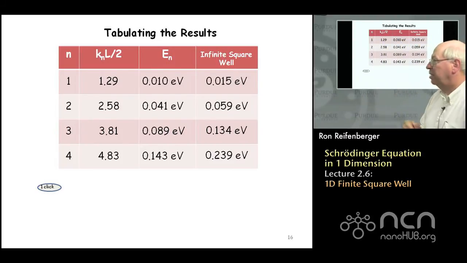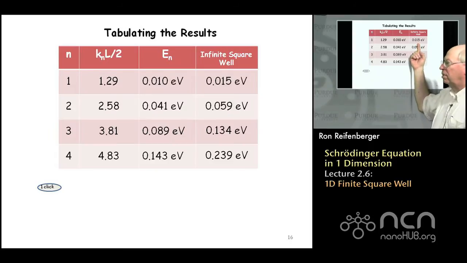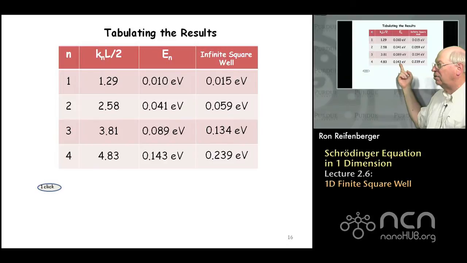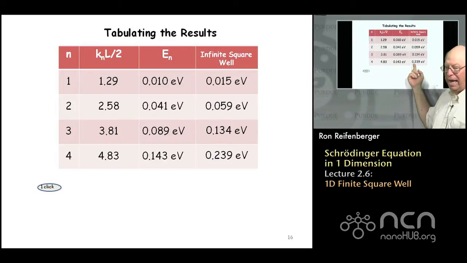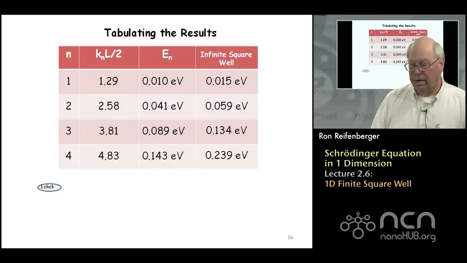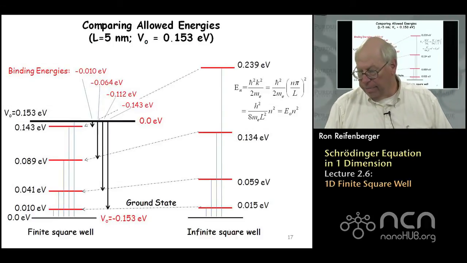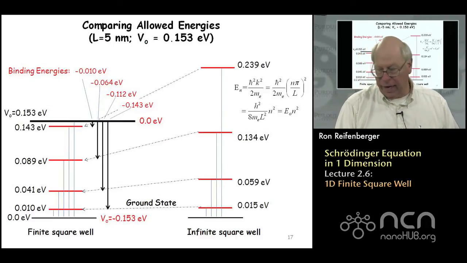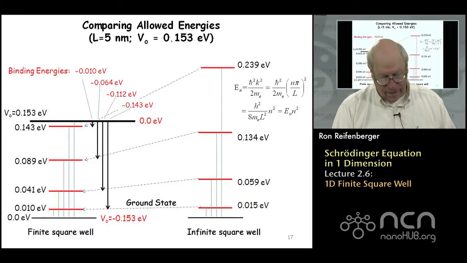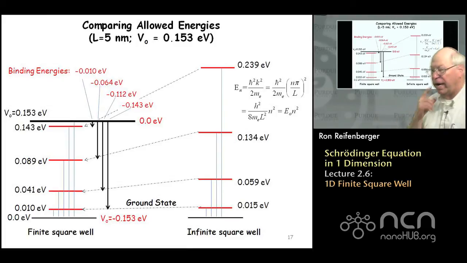And what you see when you do that comparison is kind of interesting, right? You see that the lowest energy state doesn't shift much, but by the time you get up to n equals 4, the allowed energy for the finite potential well is about half that for the infinite potential well. So graphically, I tried to show the comparison, right?